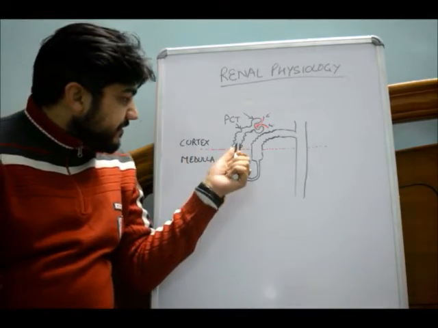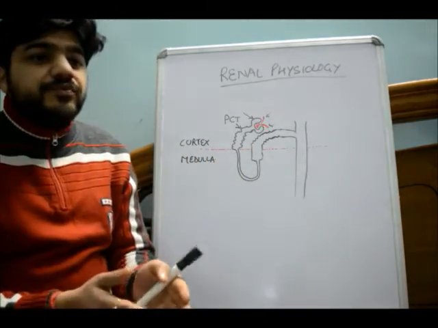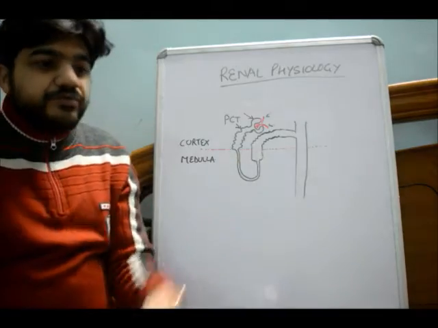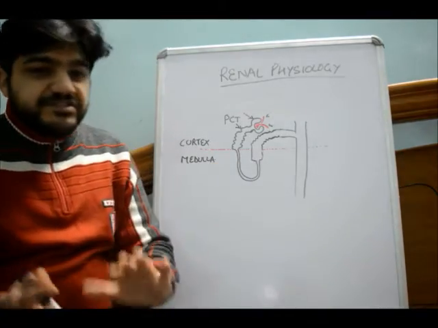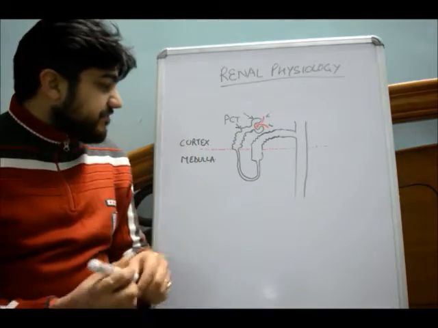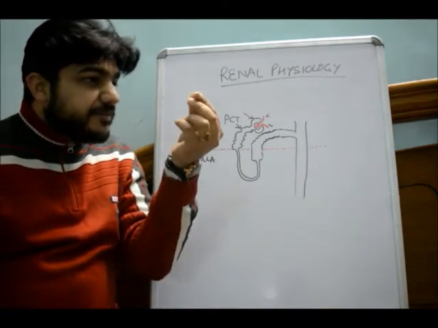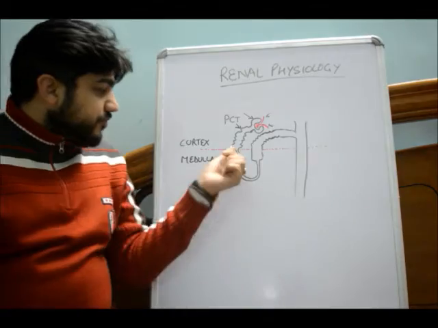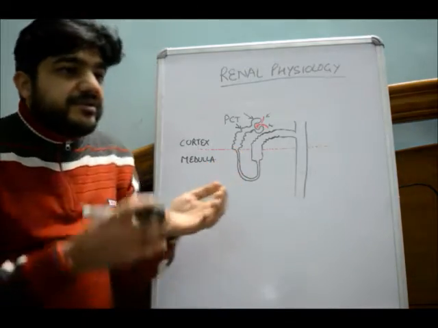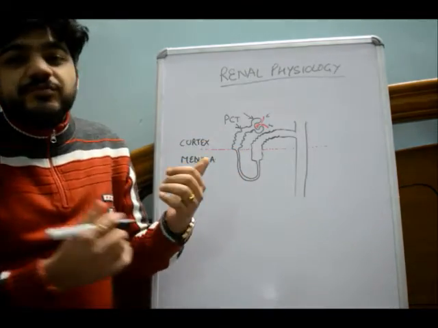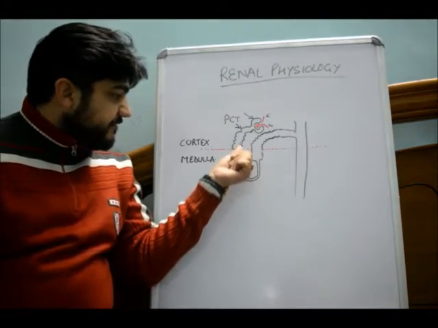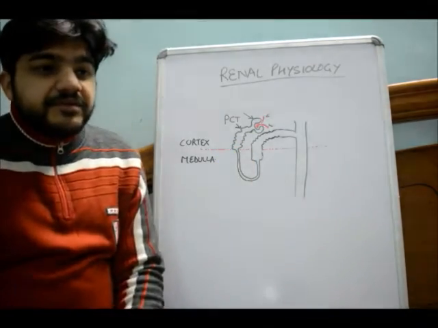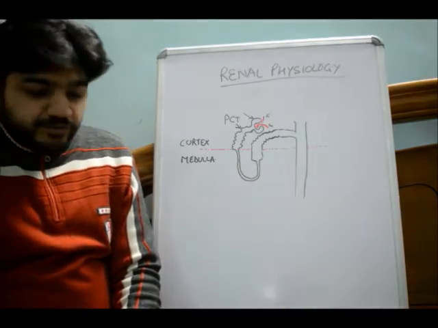Now it moves into the medullary region, and there it also changes its shape and structure. It becomes very thin. The lining cells change from cuboidal to squamous, and then it forms what we call the thin descending loop of Henle.